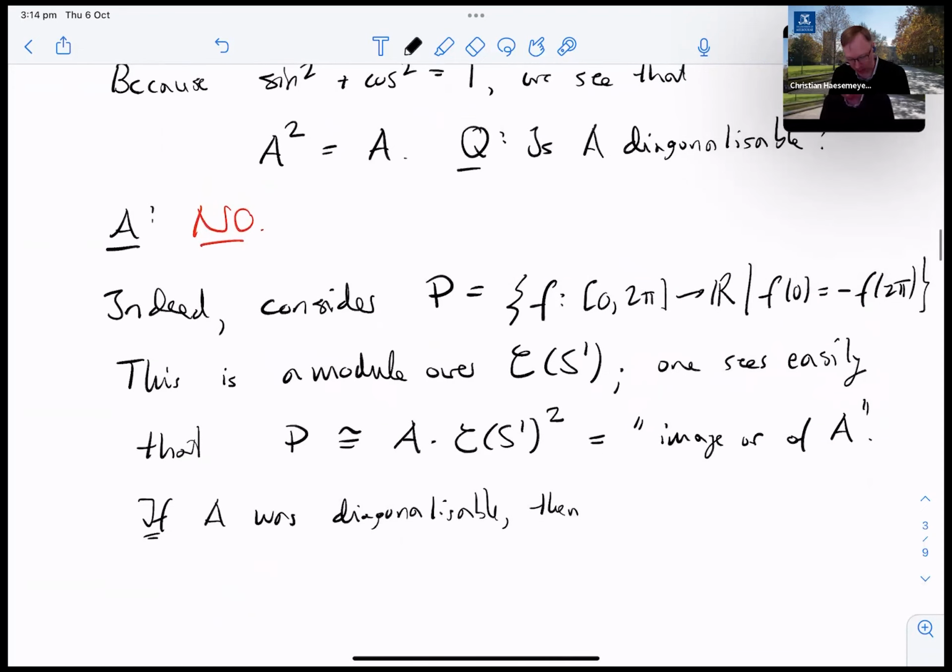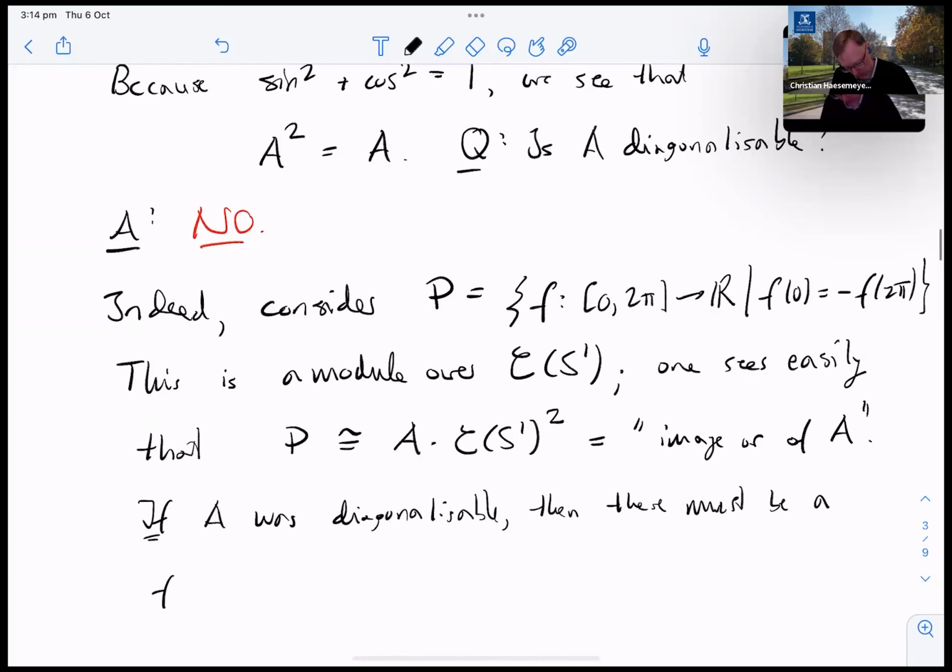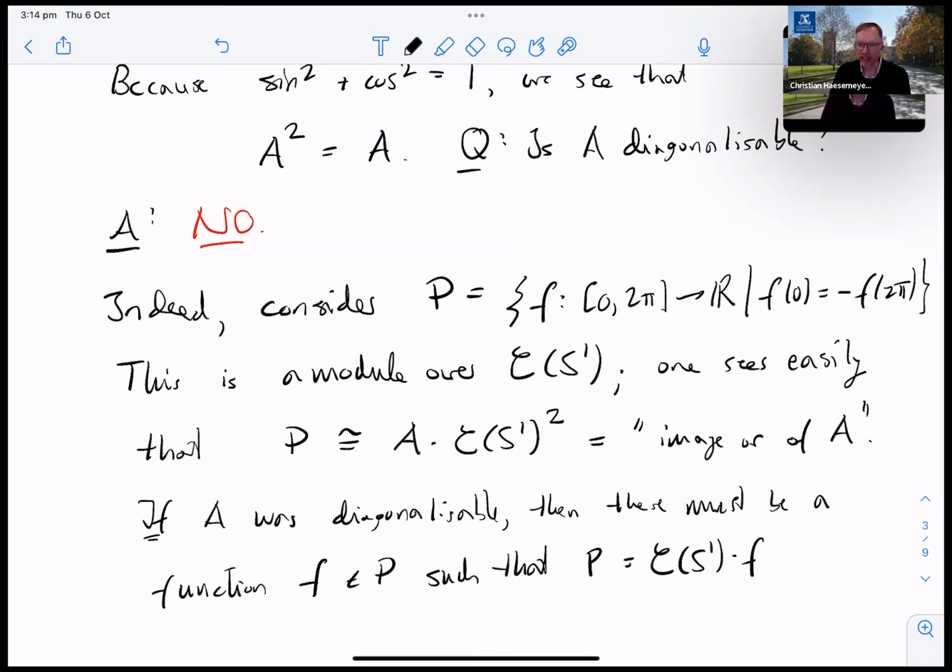So if A was diagonalizable, then this image would have a basis. That means there must be a function f in P such that P is simply gotten by taking functions on the circle and multiplying them with f.